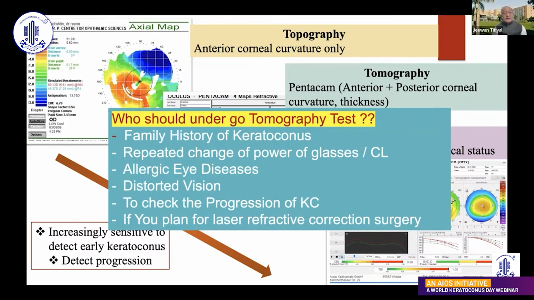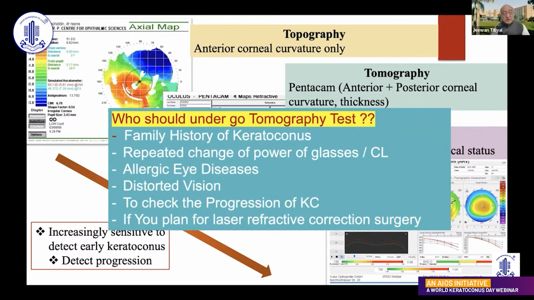The basic idea of using the equipment is to pick up preclinical disease. Therefore, we can prevent these people from undergoing refractive surgery, because laser refractive surgery would also weaken your cornea. And if you already have risk factors, you might develop secondary keratoconus. We call it post-LASIK ectasia in these cases.